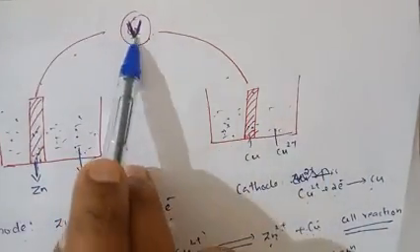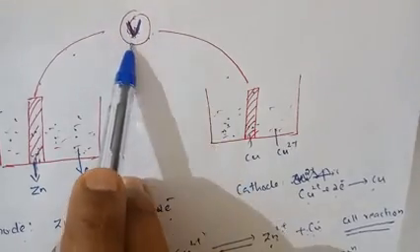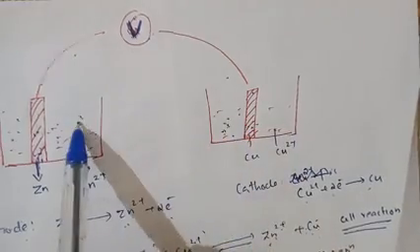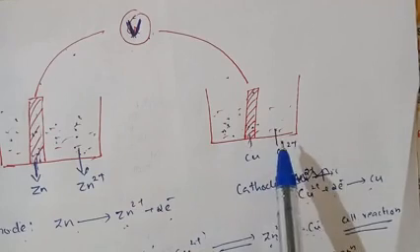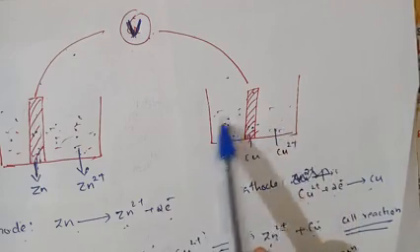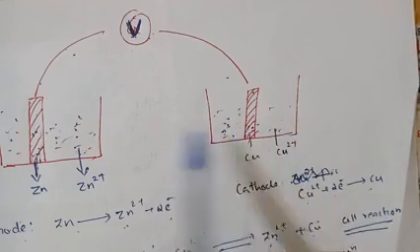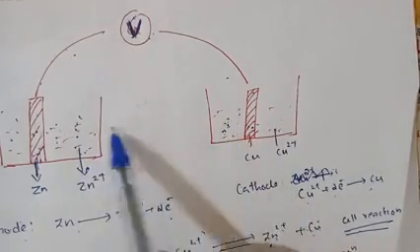If I keep a voltmeter here, it will give the value of potential difference between cathode and anode. Always the cathode will have the higher value. So higher potential will always be for the cathode. So potential of cathode minus potential of anode will give the potential difference between these two.